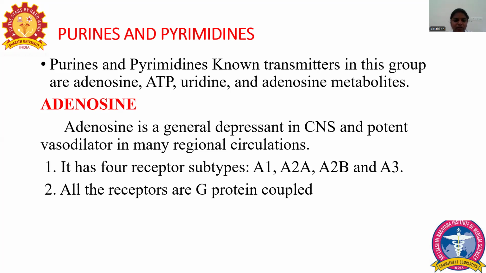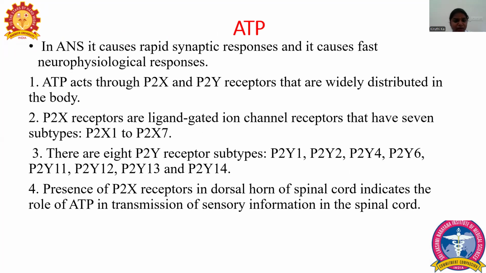Adenosine acting through A2A and A2B receptors increases cAMP formation, and acting through A1 and A3 receptors decreases cAMP formation. A1 receptor agonists are used in the treatment of stroke to decrease glutamate release and prevent the excitotoxic effects of glutamate.